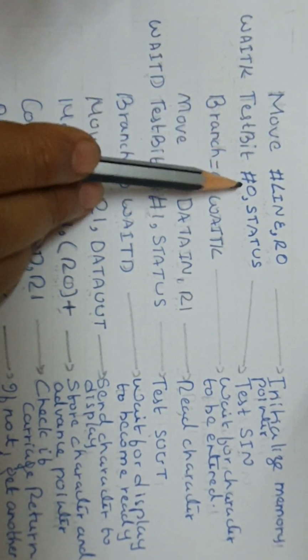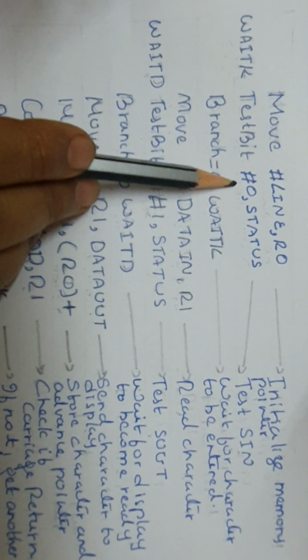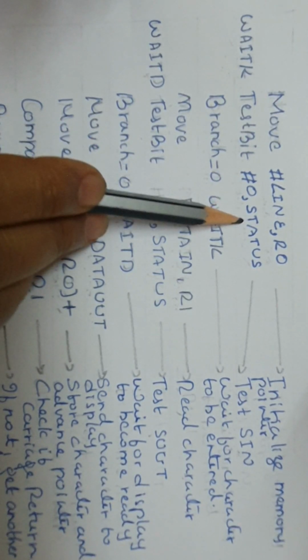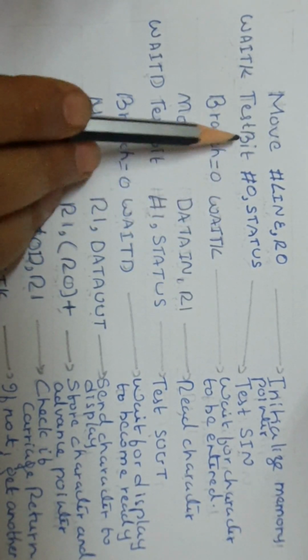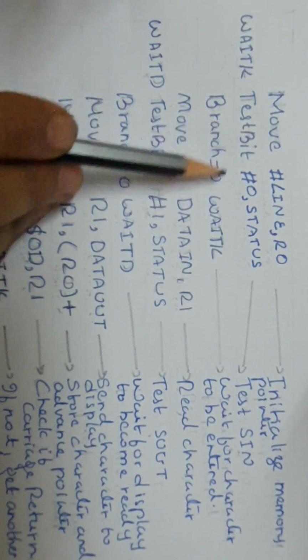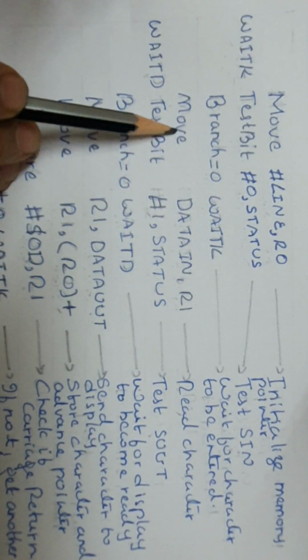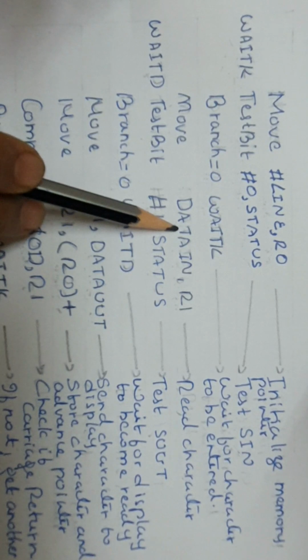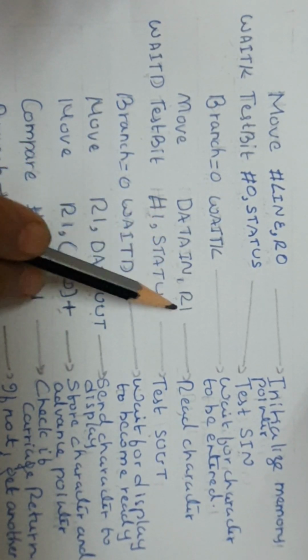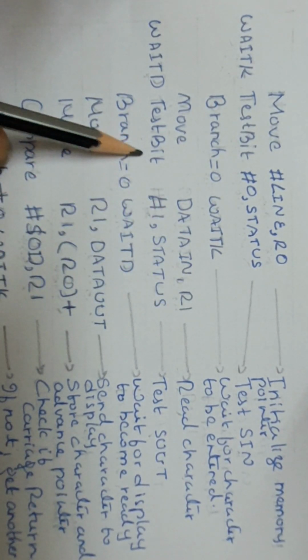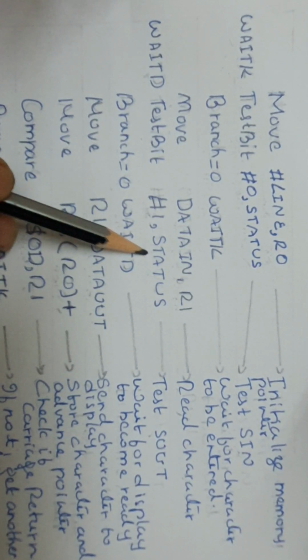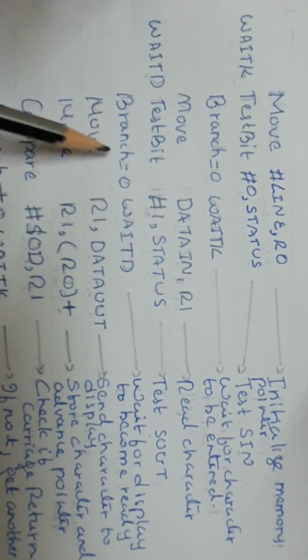Testing bit 0, the keyboard status information, is taken. Till it is ready, the processor will be in this loop. When the keyboard is ready with the data, the keyboard character stored in data in is sent to R1. Then bit 1 of the status register is checked to see whether the display device is ready or not.